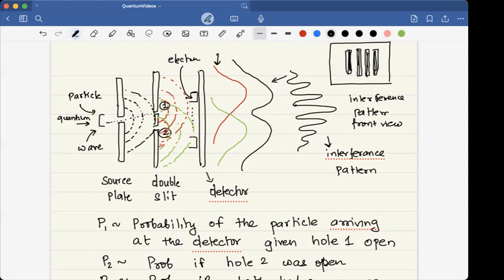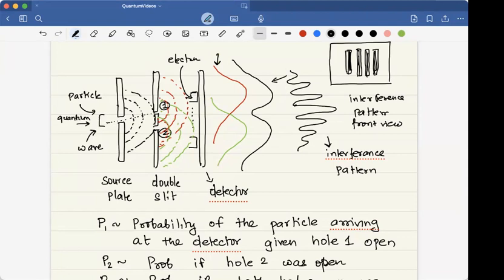So this is a very surprising result, because if we assume that the electron is a particle, then when it gets transmitted from the source, it can enter the double slit from either slit 1 or slit 2, but not both.